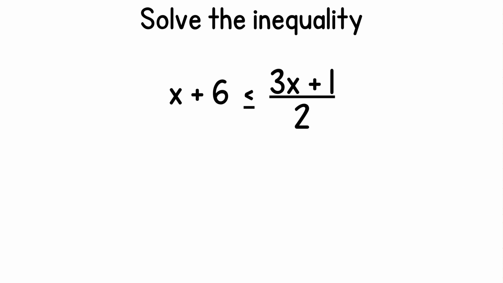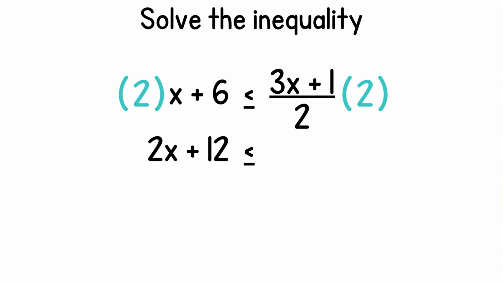Now let's try to solve x + 6 is less than or equal to (3x + 1) divided by 2. We'll start by multiplying by our denominator again since that will help us get rid of the fraction. This gives us 2x + 12 on the left side and 3x + 1 on the right side since it just got rid of the denominator.